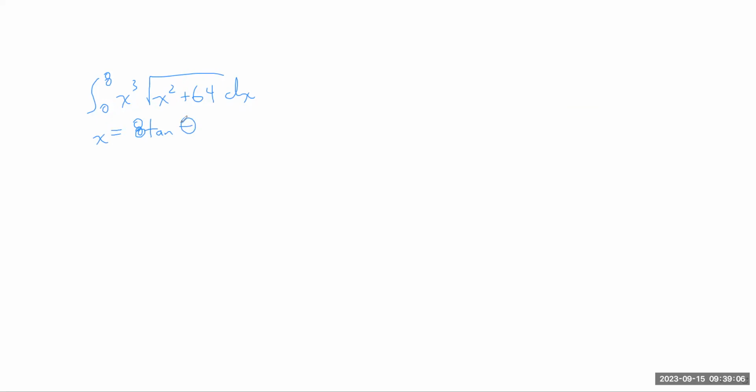Yeah, so basically we have to factor out the right constant to actually get your trig identity. So if we choose x equals 8 tangent theta, then what's dx? 8 secant squared theta.